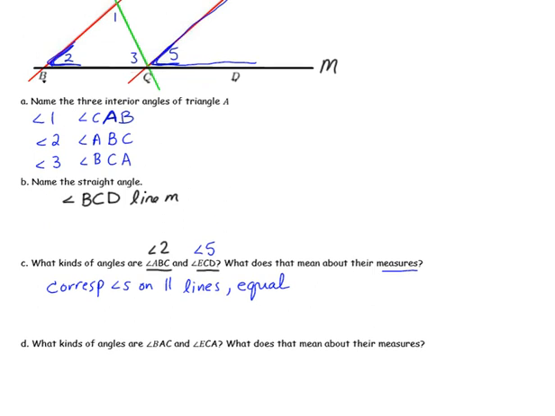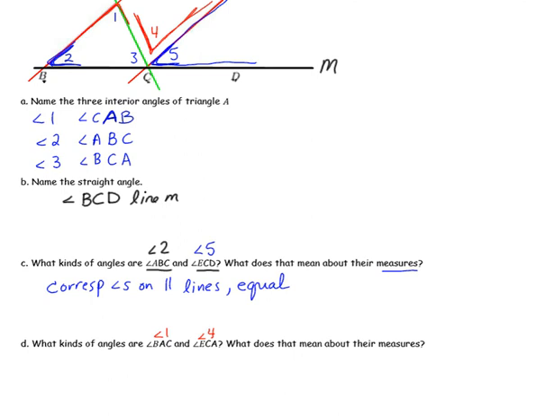Next, what kind of angles are BAC and ECA? So BAC, that was angle 1. And ECA, we have not named that angle yet, so let's go ahead and name that angle 4.